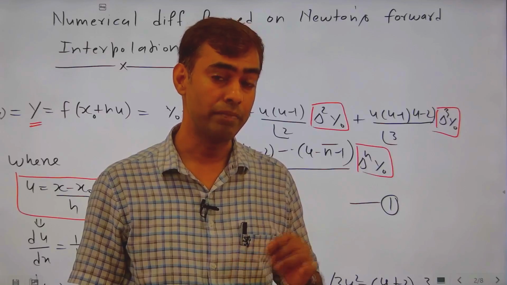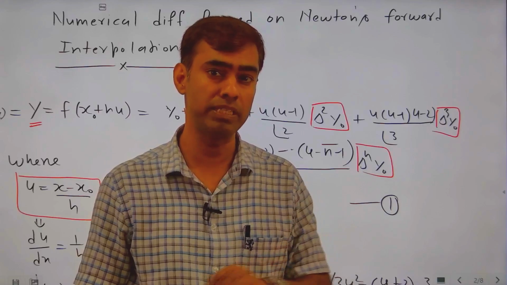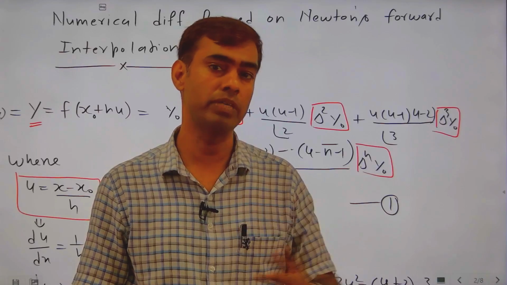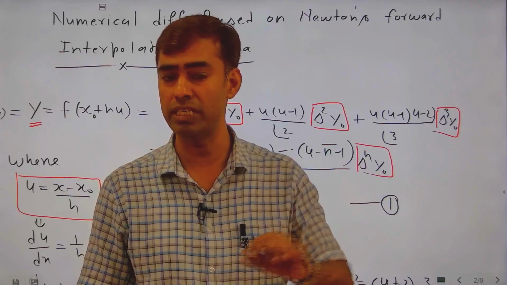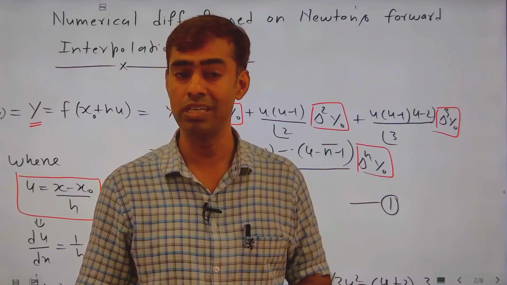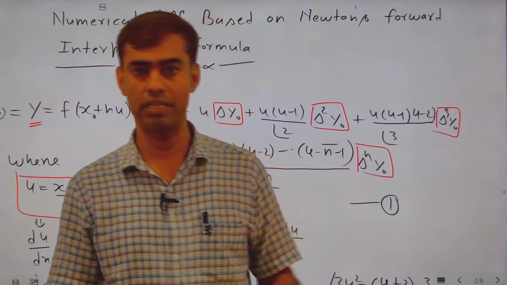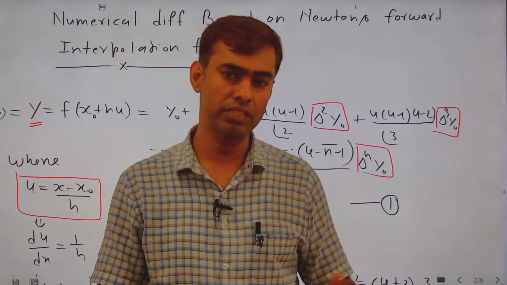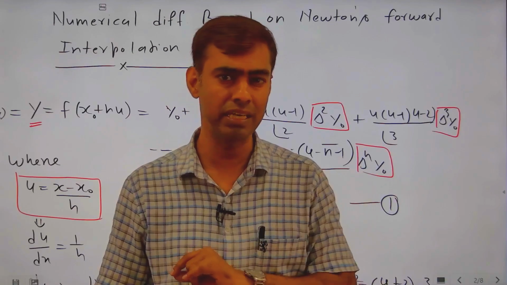Or if we try to find out the derivative nearer to the last value, then it is necessary we use the backward interpolation formula, and if we try to find out the derivative nearer to the central value, then we use the central interpolation formula, meaning either Stirling formula or Gauss forward, Gauss backward, Bessel's formula or Laplace-Everett formula, based on the value of u.